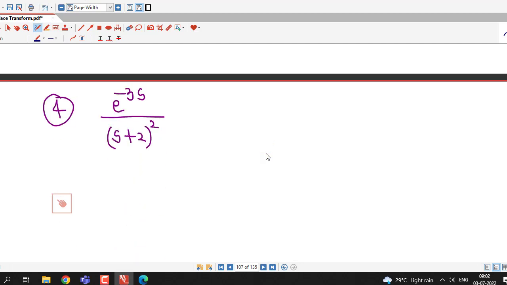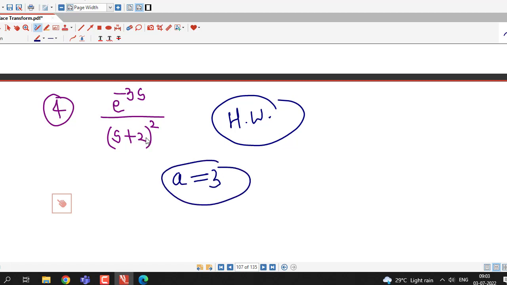using the second shifting theorem. And if you wish, you can try this as your homework, and you can compare with e raised to minus as. So a equal to 3, and your capital F of s is 1 divided by square of s plus 2.